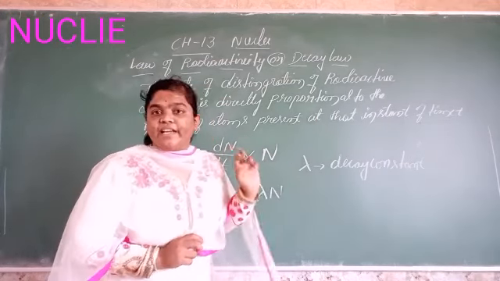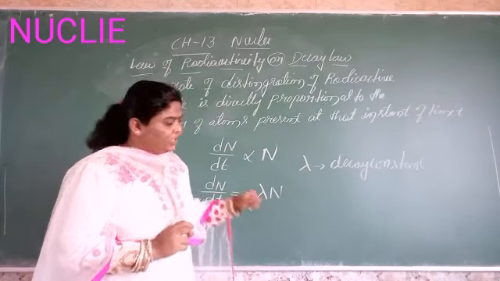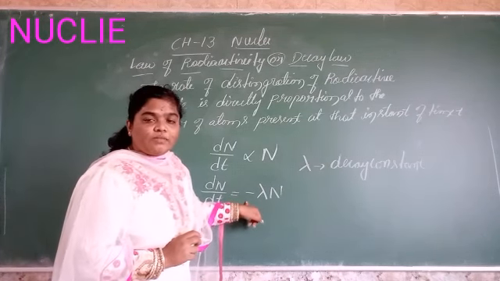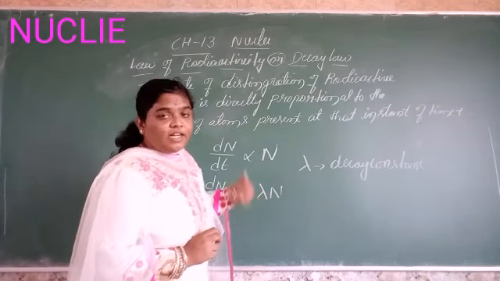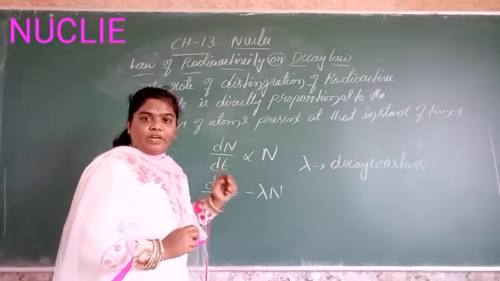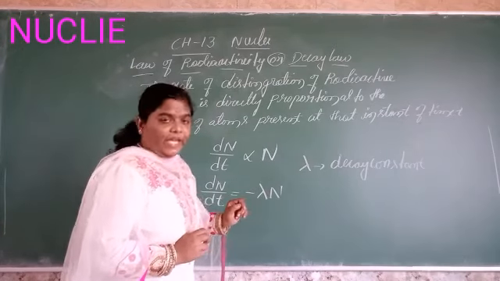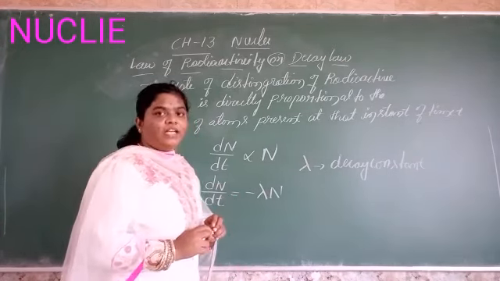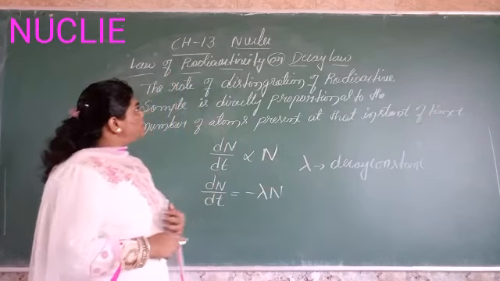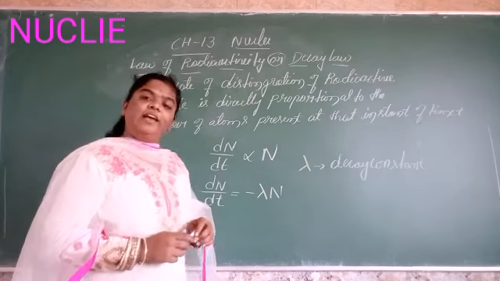So the negative sign represents the number of atoms will decrease as the time increases. Lambda represents the decay constant, N the number of atoms in a radioactive sample. So this is the law of radioactivity or decay law.